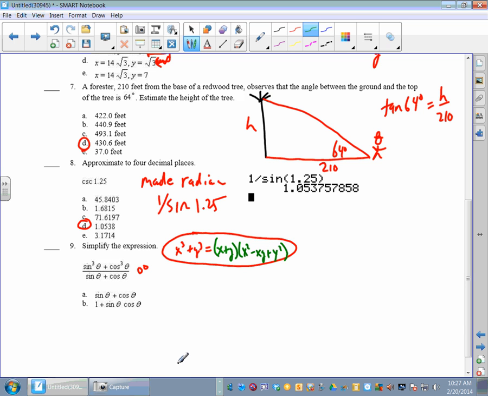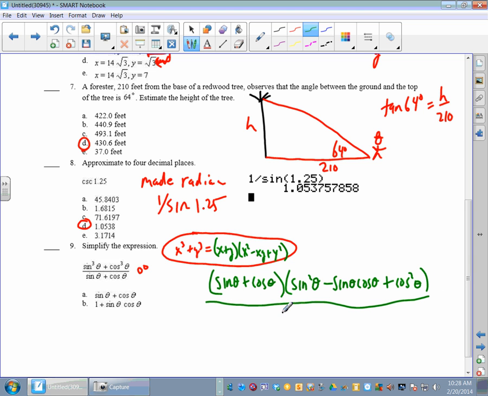squared. Okay? So applying that same logic to this question, you have sine of theta plus cosine of theta times sine squared of theta minus sine theta cosine theta plus cosine squared of theta, all over sine theta plus cosine theta.